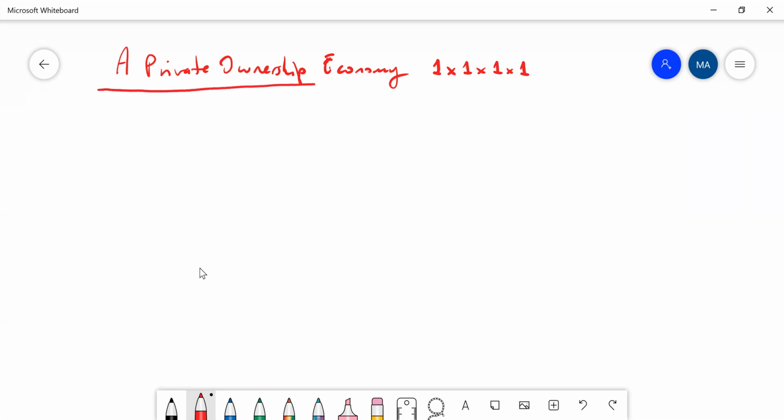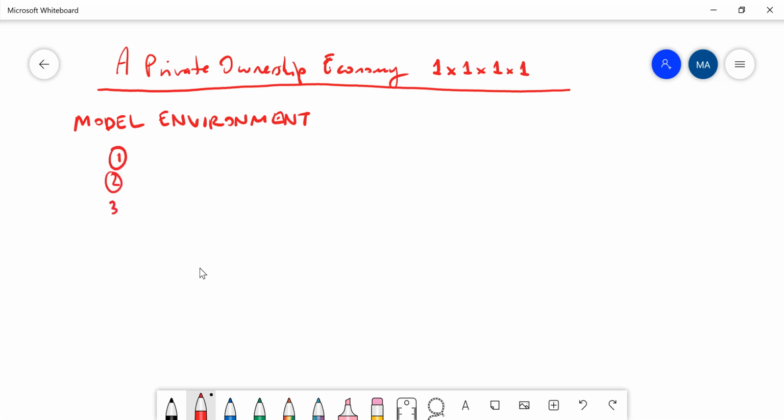So in any model like this, you first define what we call the model environment. All right, and typically, model environment has 4 elements, right? One is the demographic structure. Okay, the demographic structure. I will explain what it is.